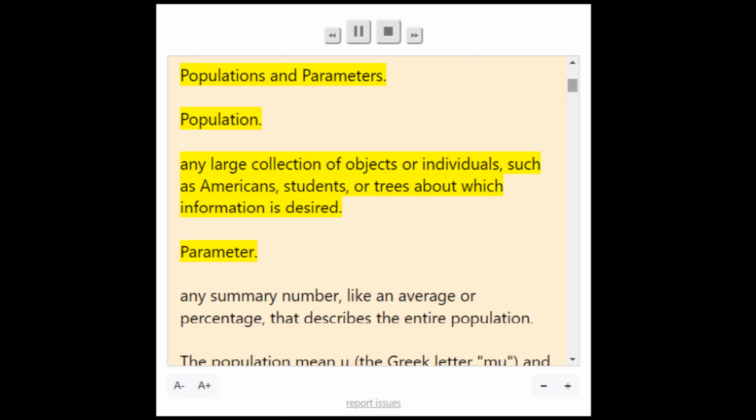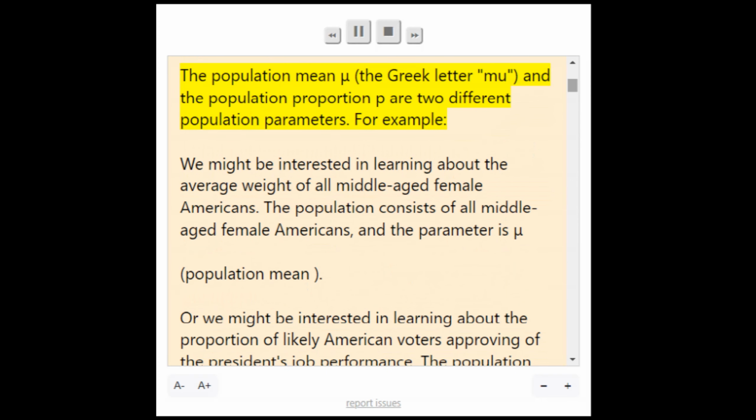Populations and parameters. Population: any large collection of objects or individuals, such as Americans, students, or trees, about which information is desired. Parameter: any summary number, like an average or percentage, that describes the entire population. The population mean mu, the Greek letter mu, and the population proportion p are two different population parameters.